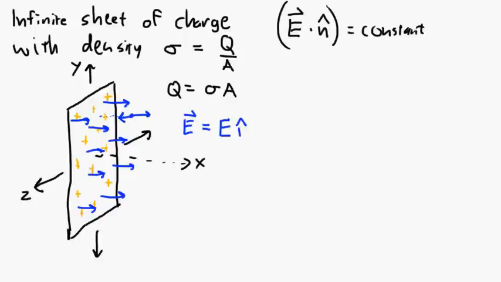So it doesn't take much thinking to see that basically any surface perpendicular to this sheet is going to have E dot n equals 0. So we could, for example, draw a little box like that, this rectangle extending in the x direction and the y direction. So it's perpendicular to the sheet, and the normal vector for it is going to be like that, right?